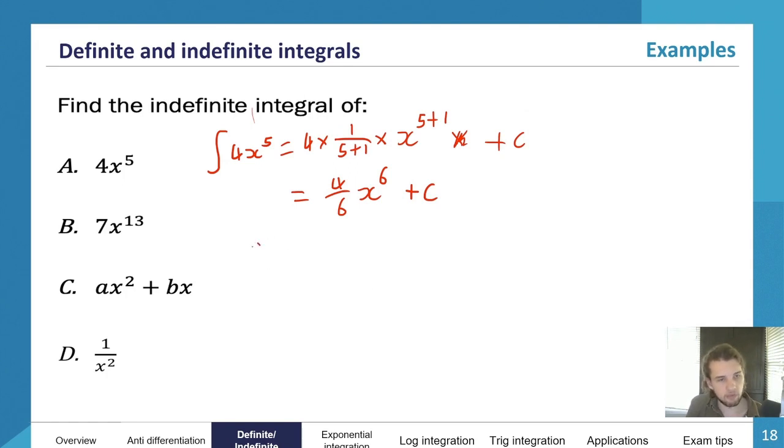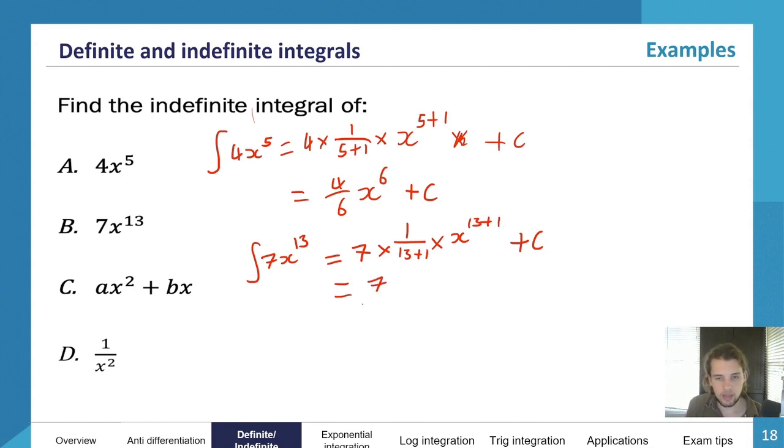So let's utilize the formula for 7x to the power of 13. This is equal to 7, so we have our constant value that we shouldn't forget, multiplied by 1 over 13 plus 1, multiplied by x to the power of 13 plus 1. Always remember to add that c on the end.